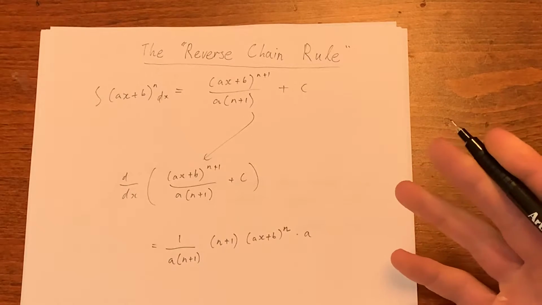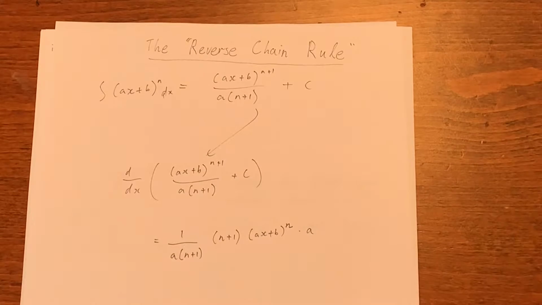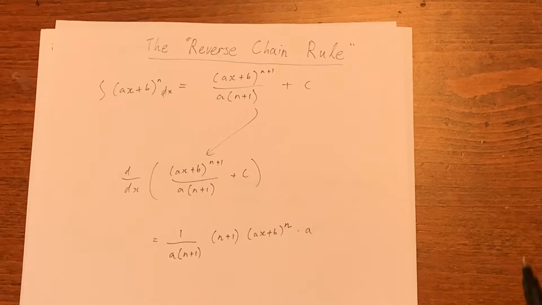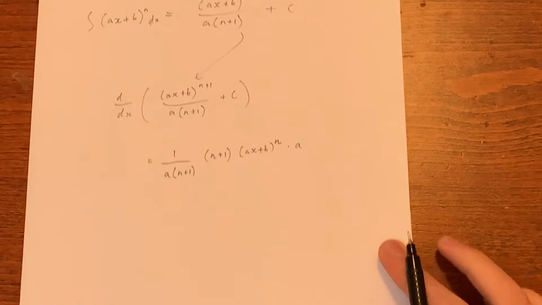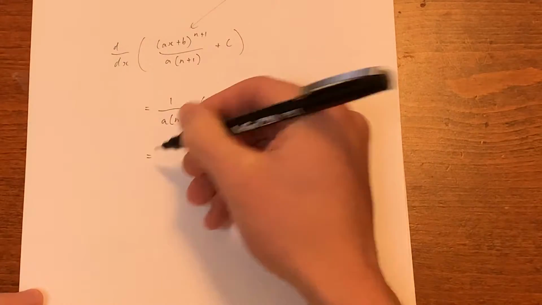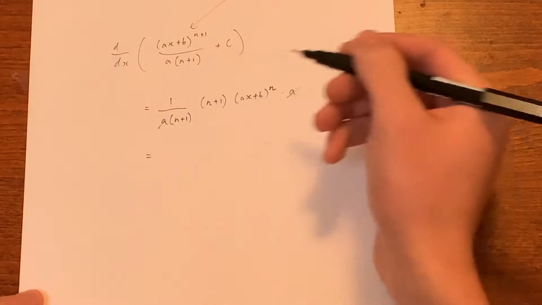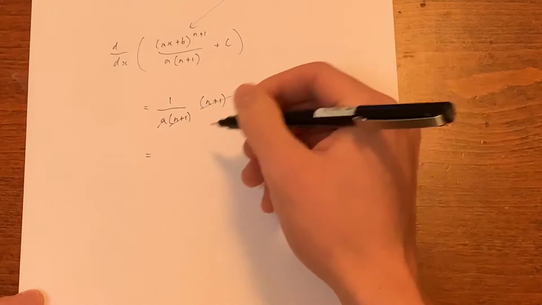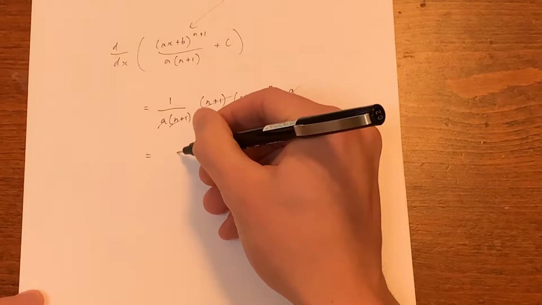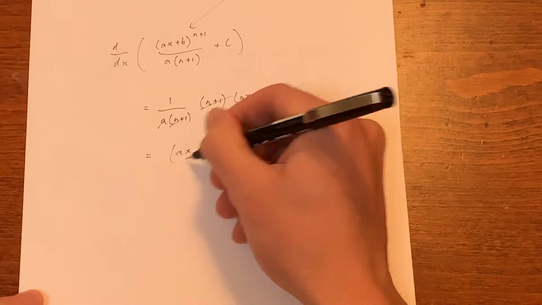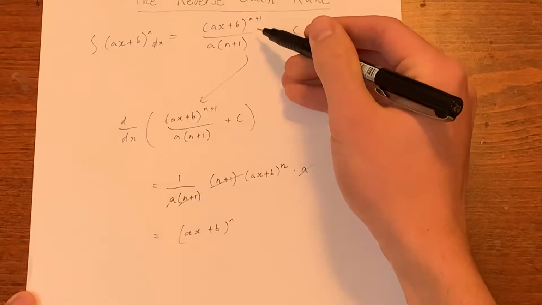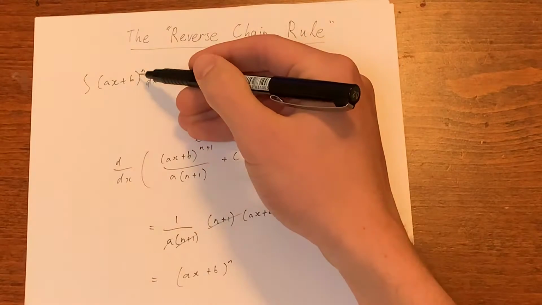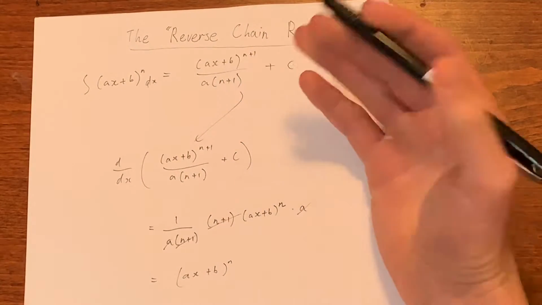If any of that sounds unfamiliar, then go back and watch the video on the chain rule, because that should make sense if you understand the chain rule. And so now, with some very simple cancellation, we can see the a cancels, the n plus 1s cancel, and we get (ax plus b) to the n. So by differentiating the answer, we get the thing we were integrating, which means that this integral is correct, right?